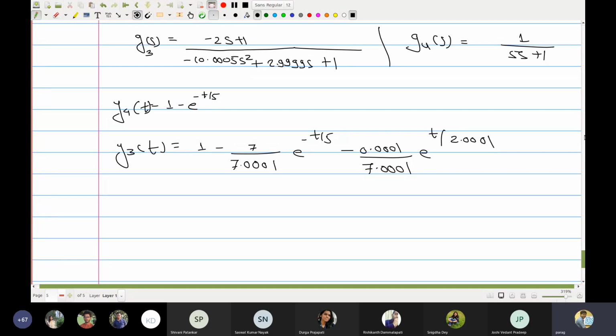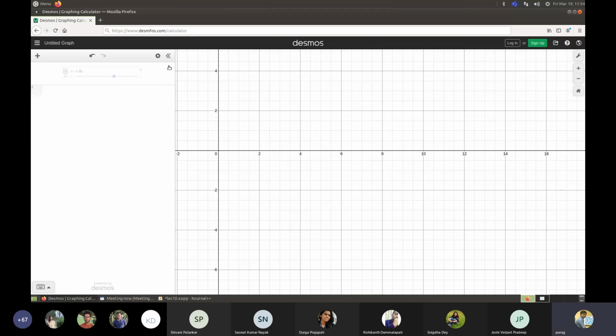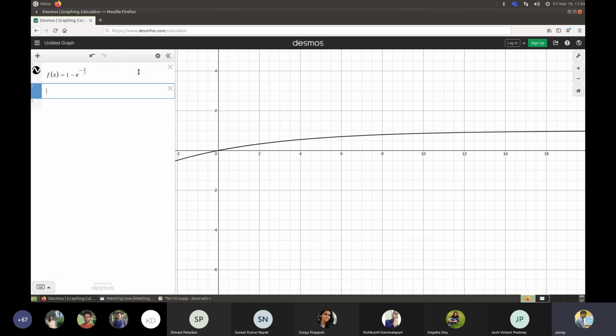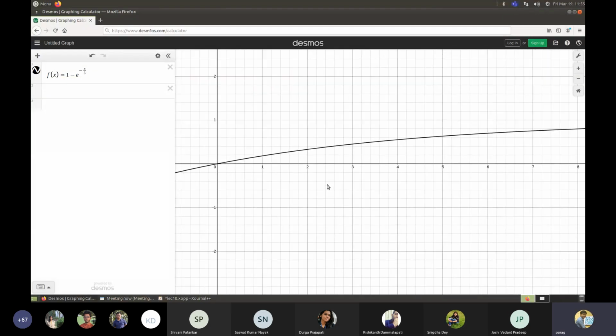So if you do the partial fraction and do a Laplace inversion, you will find this response. So let us plot this. F of x equals 1 minus e to the power minus x by 5. Well, quite expected. This is the first order response, right?